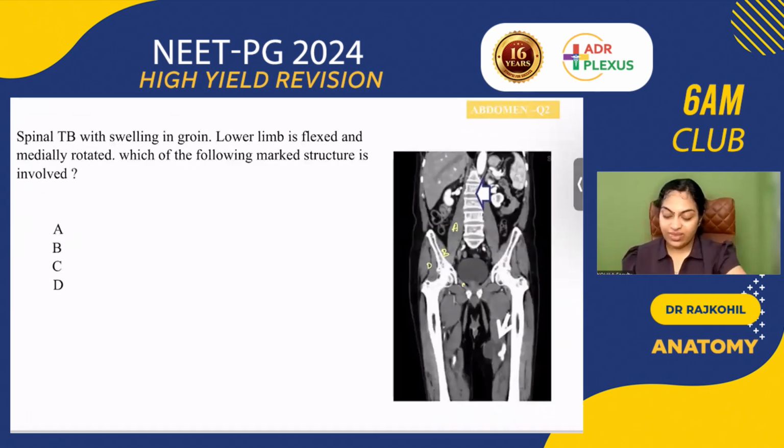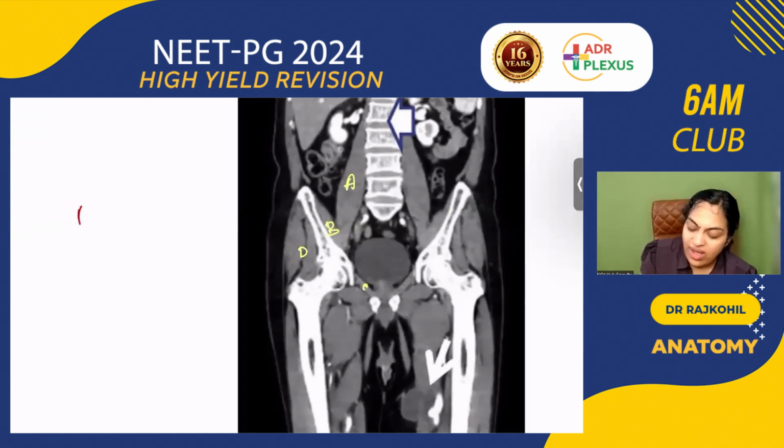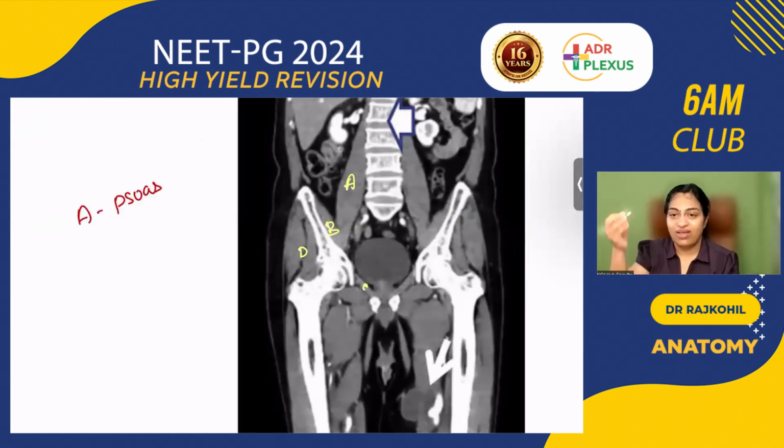This one, it was in 2021, I think, right? Yeah. So that is a coronal section. You can identify A, B, C, D. Yes, easy, right? They are talking about the tuberculosis of the lumbar vertebra, the psoas abscess. So here, A is the psoas muscle on either side of the lumbar vertebra.